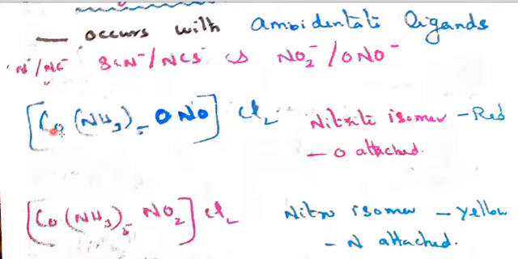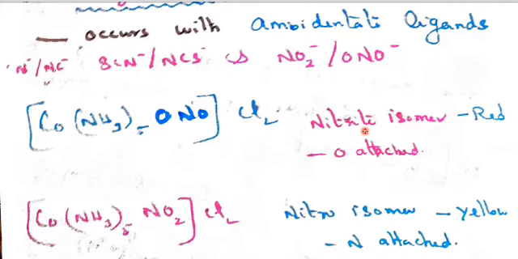For example, [Co(NH3)5ONO], it is called nitrito. NO2 is also called nitrito. The common name is nitrito for both, but only the donor atom differentiates them. So nitrito-κO and nitrito-κN. So pentaamminenitrito-κO cobalt(III) chloride and pentaammine nitrito-κN cobalt(III) chloride.